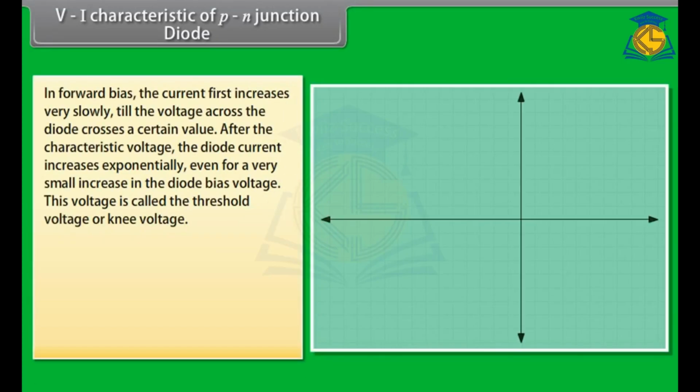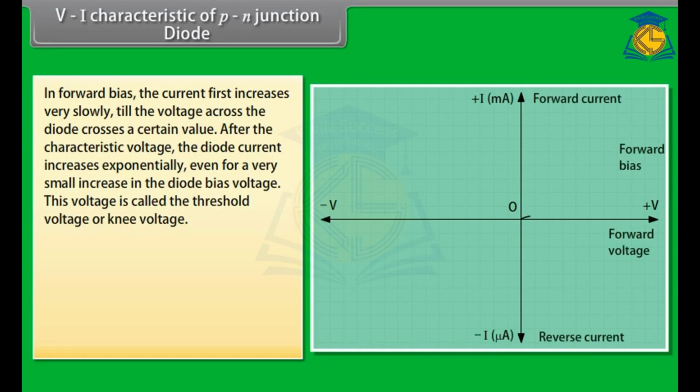In forward bias, the current first increases very slowly till the voltage across the diode crosses a certain value. After the characteristic voltage, the diode current increases exponentially, even for a very small increase in the diode bias voltage. This voltage is called the threshold voltage or knee voltage.